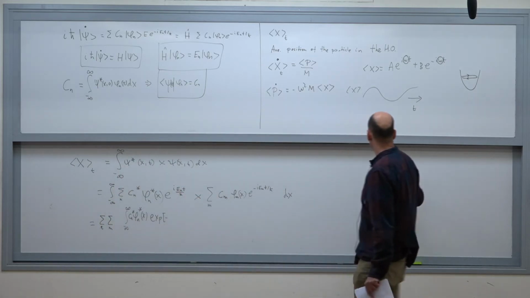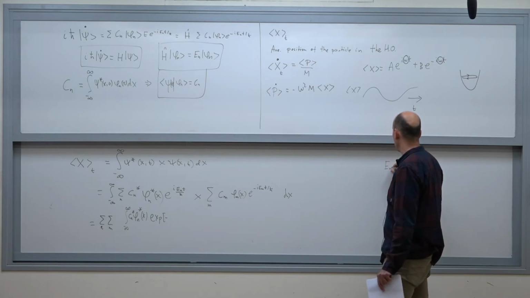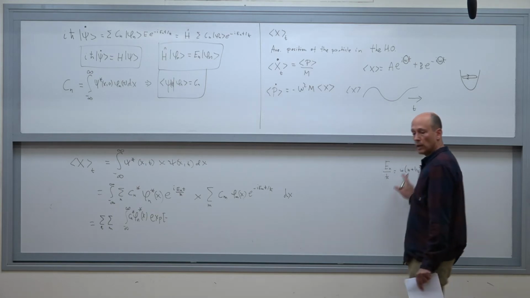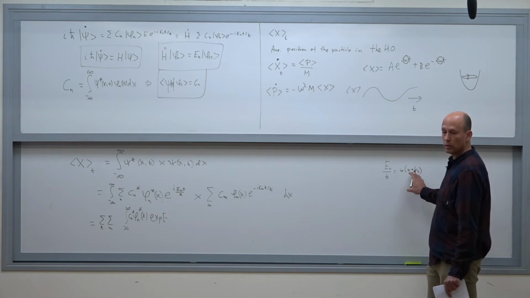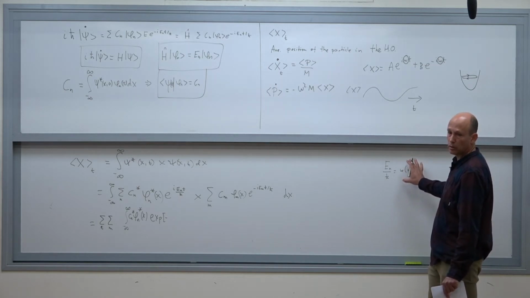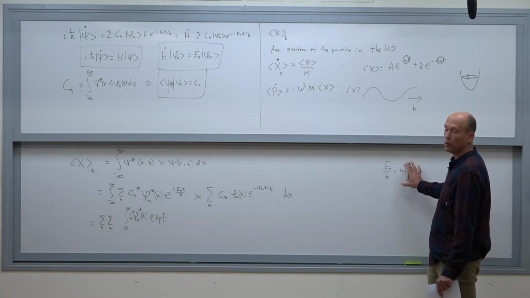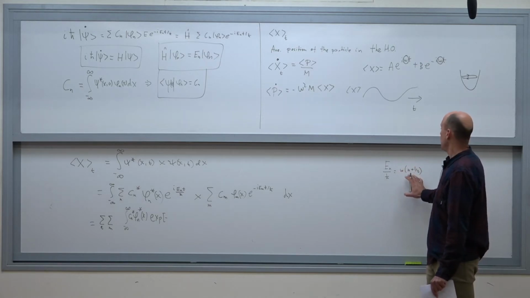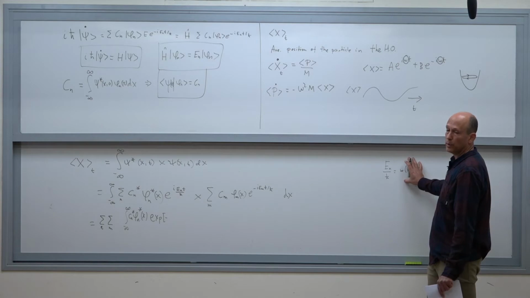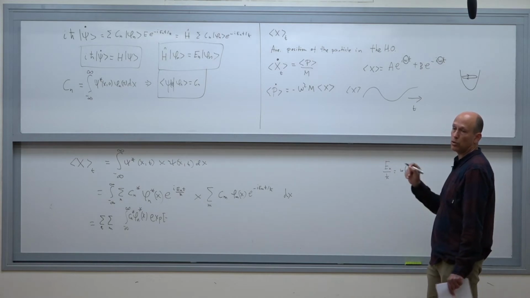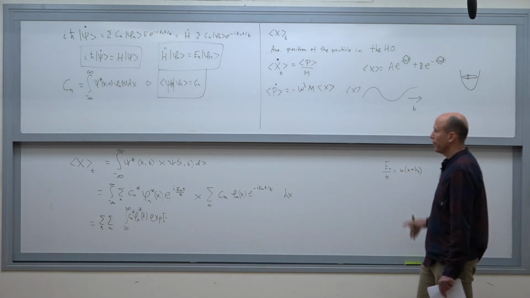So what is En over h bar? It's very simple. It's omega times (n plus a half). The nice thing about this equation is that it does not depend on h bar. And this is important. Why is this going to be important? Because also the classical motion does not depend on h bar.